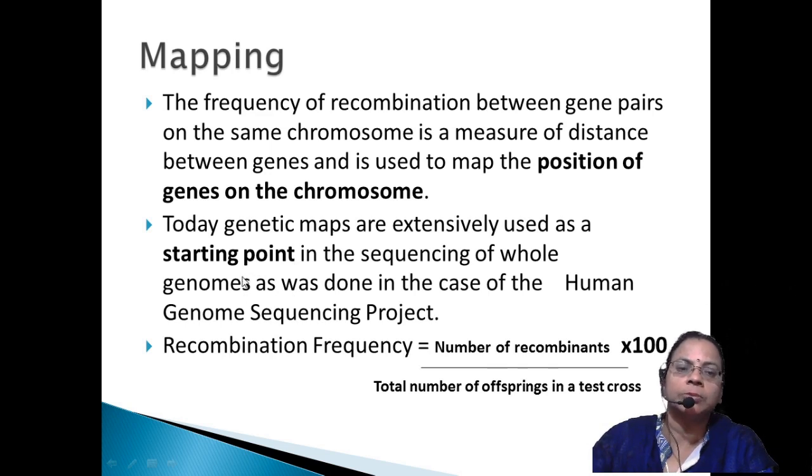More or less based on this principle only, we later developed the human genome project, where instead of manually locating the position of genes, we did the same procedure with the help of computer software and hardware. But the first chromosome map was constructed by Alfred Sturtevant on Drosophila.